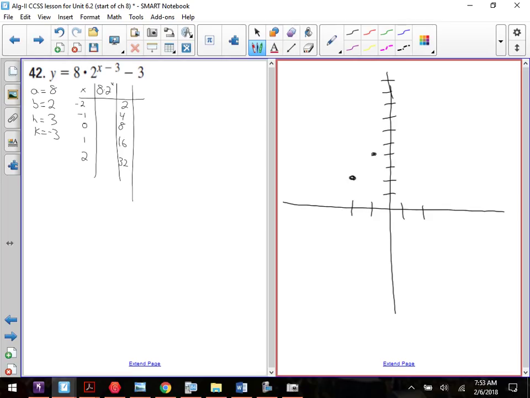At 0, we're at 8. And 1, we're way up here, and so on and so on. So we have our parent function.